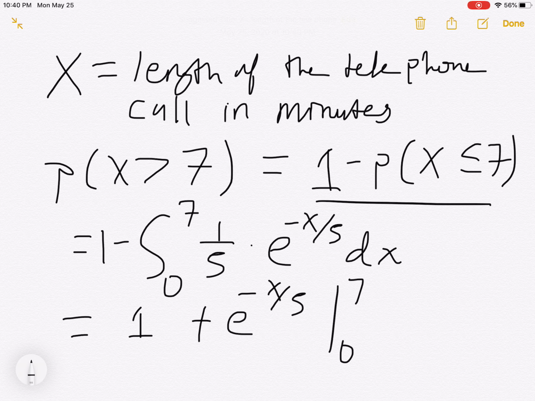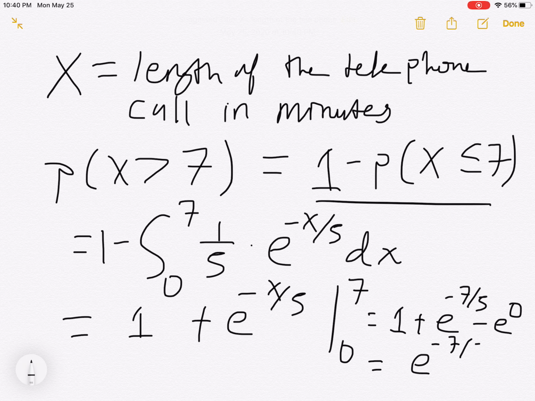Evaluated at 0 and 7, I'll have 1 plus e to the minus 7/5 minus e to the 0, and my final answer is just e to the minus 7/5. Okay, and that's the probability that I am left with.